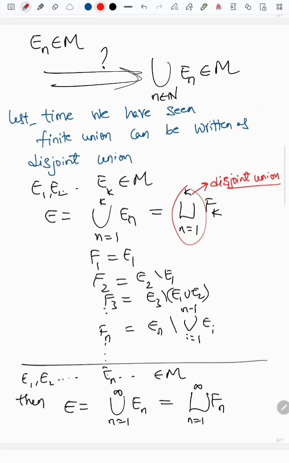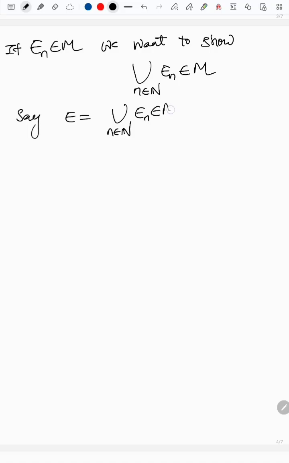Now the question is: our goal is to show that if En belongs to M, then the union of En belongs to M. I can just write the union of En as the union of Fn, where the Fn's are disjoint sets.